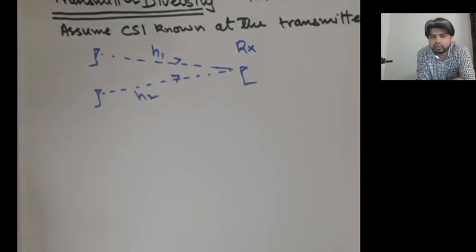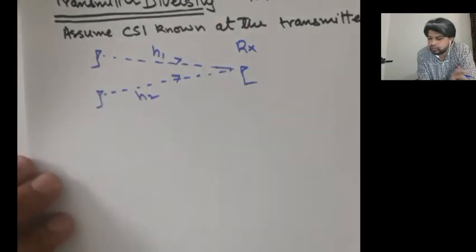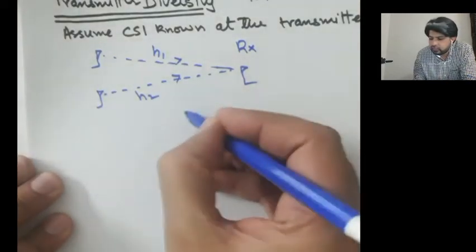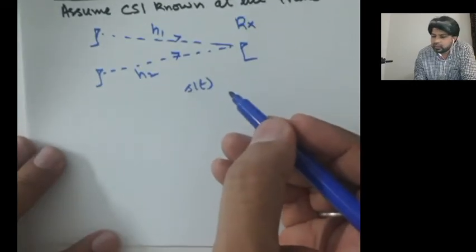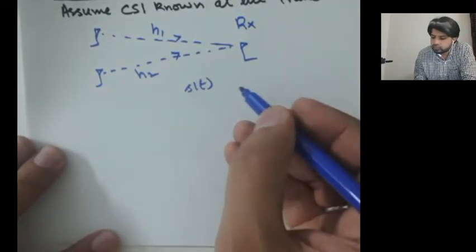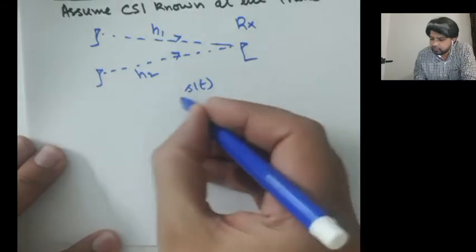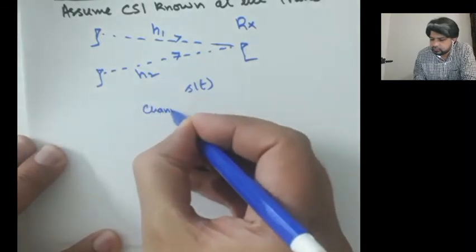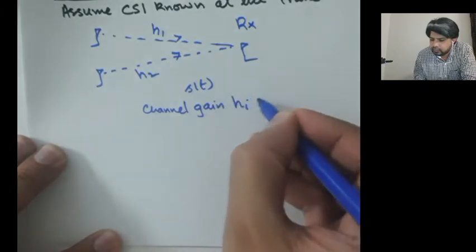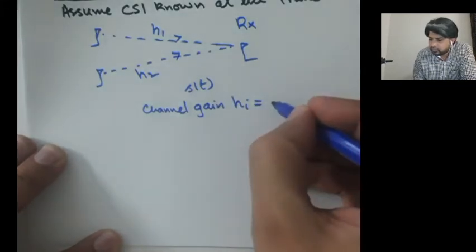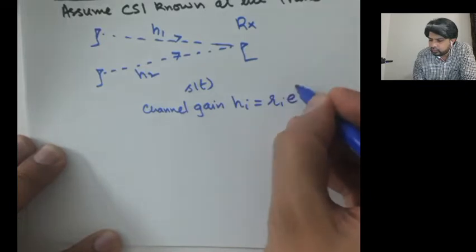One important thing is the gains. For example, let S of t be the signal that you want to transmit, and suppose the channel gain Hi equals Ri e to the power j theta i.